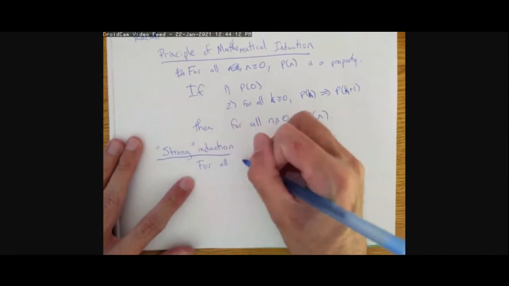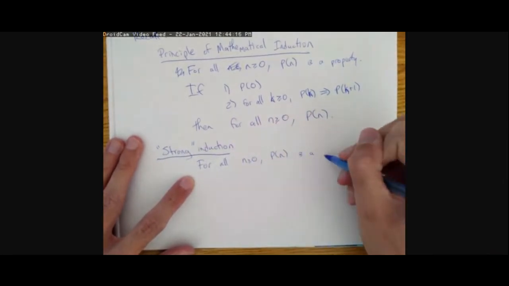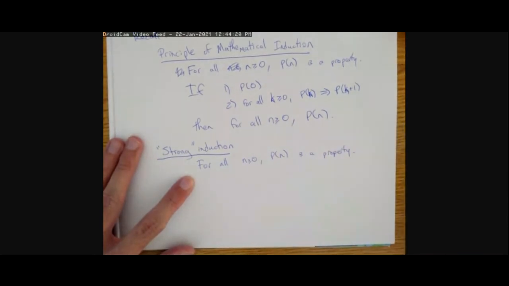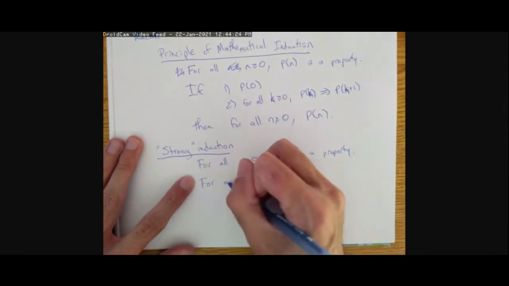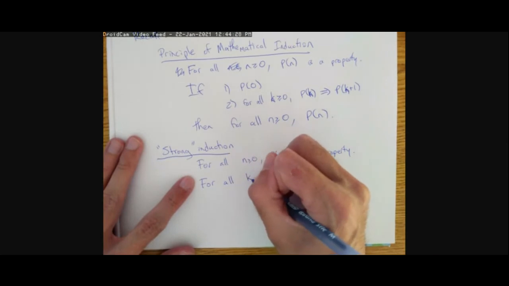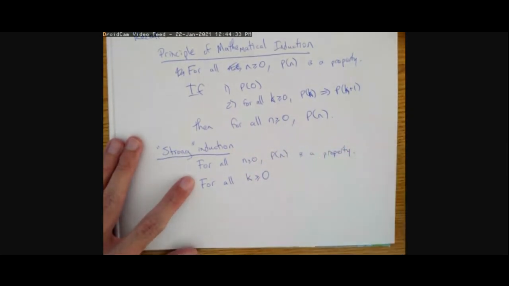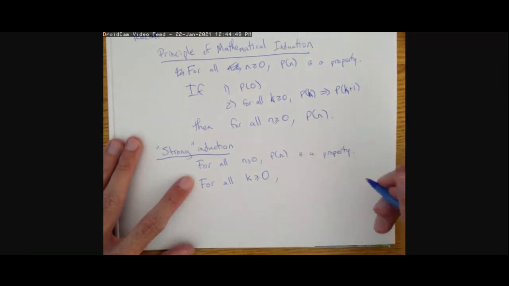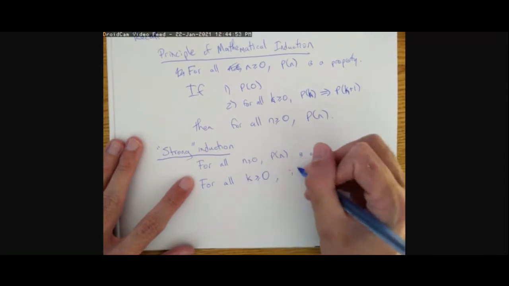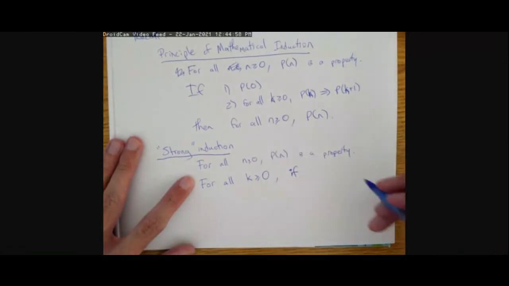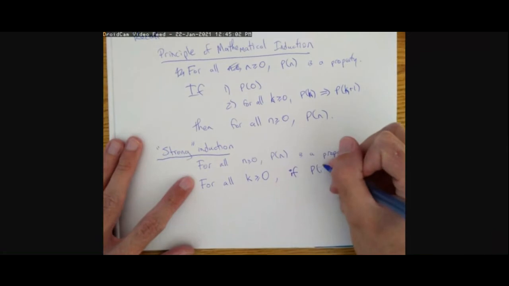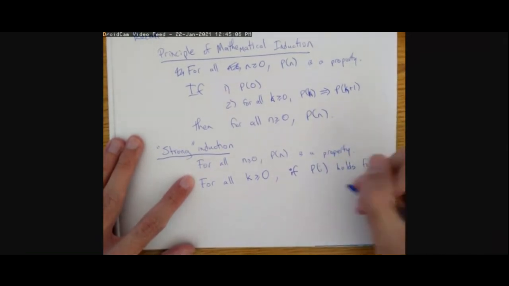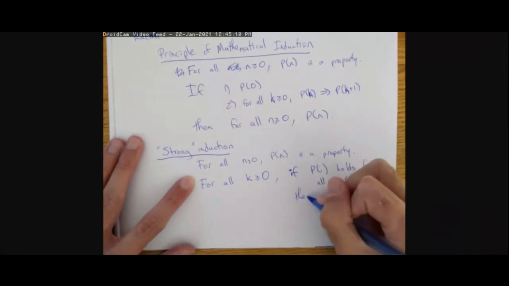Again, we have a property P of n. Then for all k greater than or equal to 0, we usually say if P of i holds for all i less than k, then P of k.